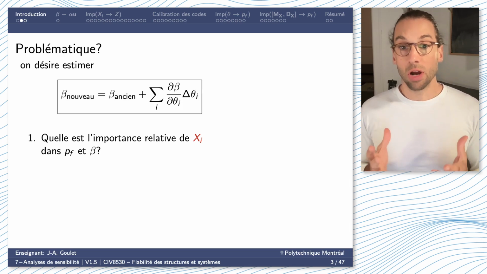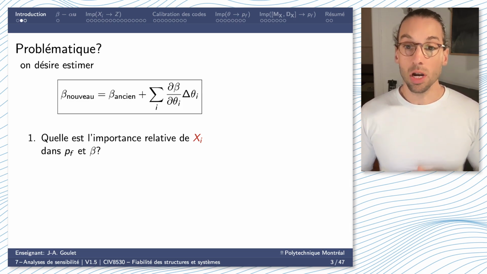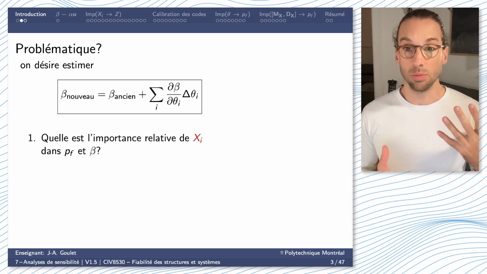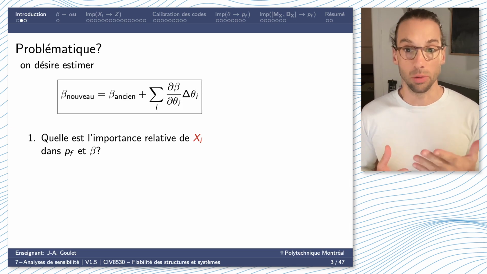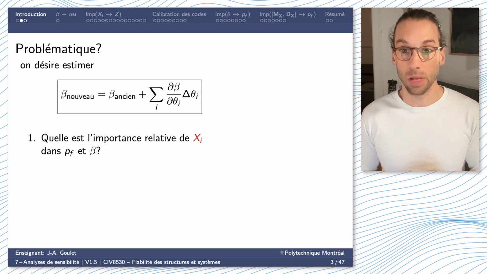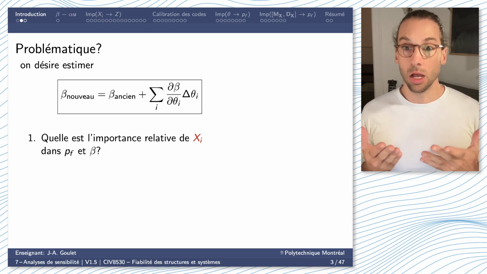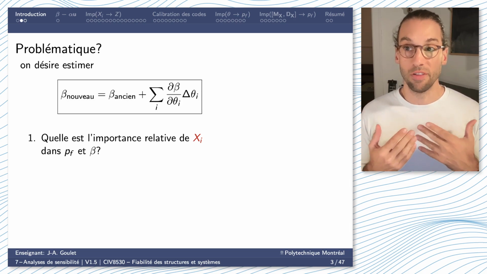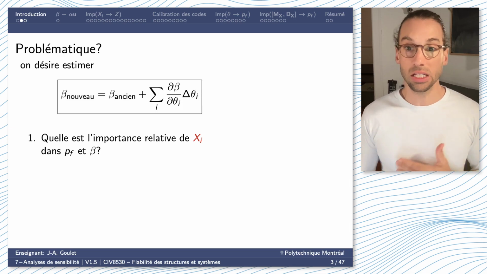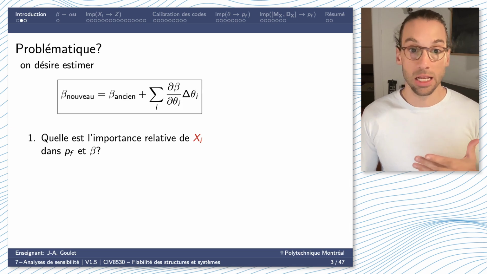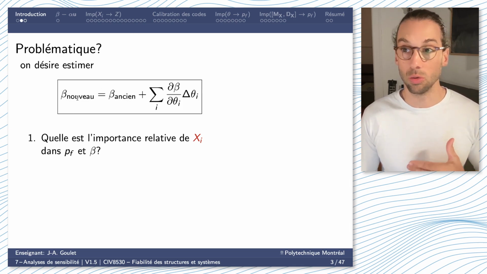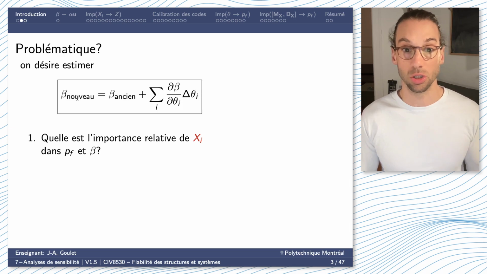So the problem we're trying to solve in Module 7 is: what if, using what we've seen in the previous module, either Monte Carlo analysis, FORM, SORM, we compute a reliability index or a failure probability that doesn't satisfy requirements? Say our beta is too low compared to what is specified in the construction code.